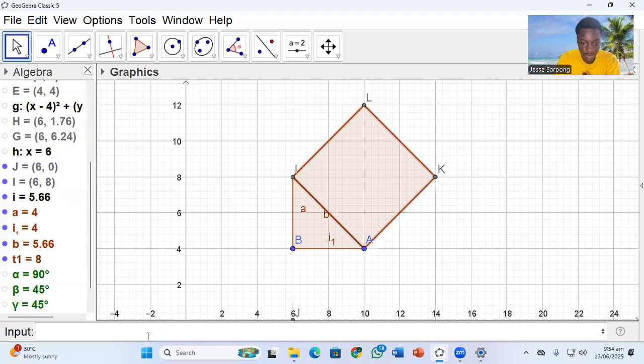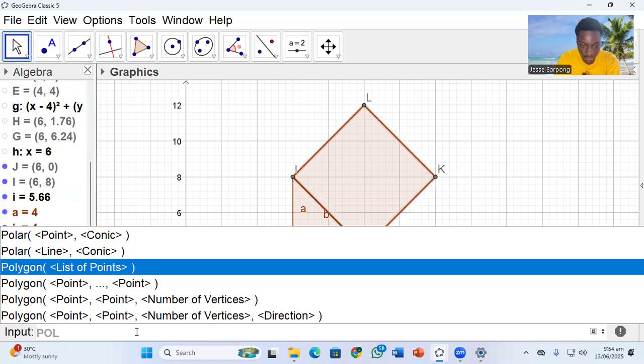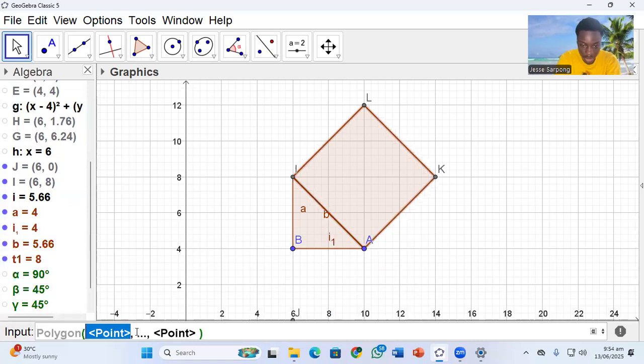Now we do the same thing with the one at the bottom. So we do polygon, list of points, A, B, then 4. The reason I'm bringing 4 is that we want a polygon at A and B, and we want the vertices to be 4.